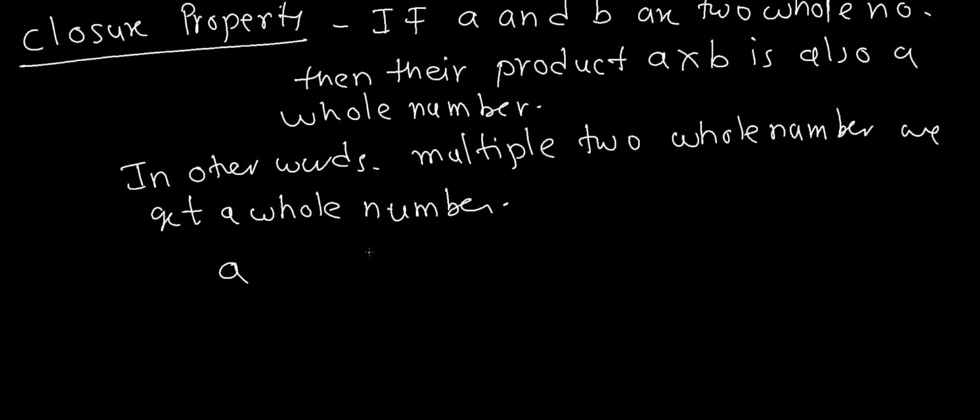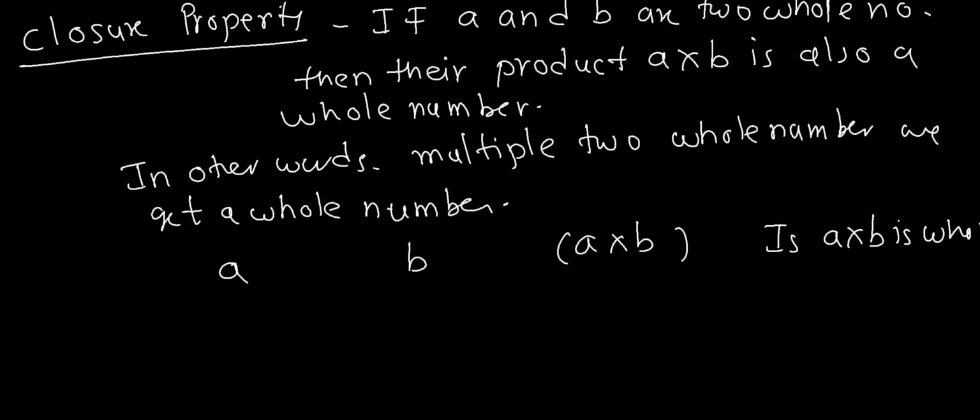So let's say we see this a into b, and we'll just verify whether a into b is a whole number or not, their product is whole number or not.